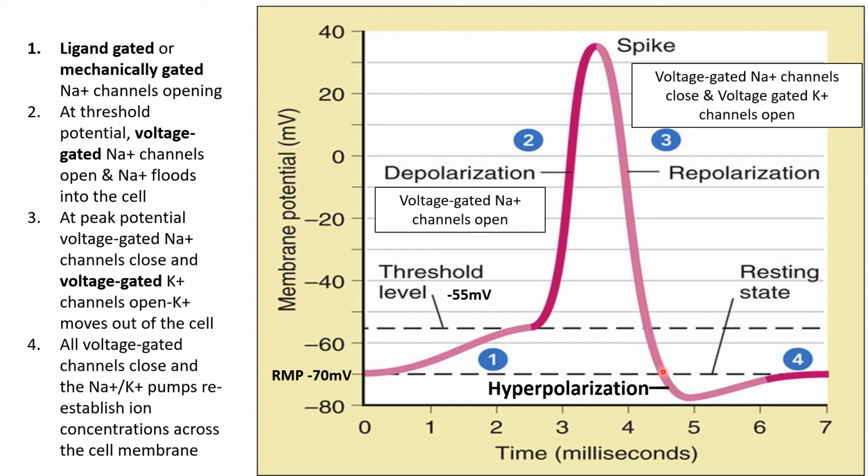To get the resting membrane potential established again, to get back up to negative 70 millivolts, we have to get those ion concentrations back to where they should be. During this hyperpolarization phase, and back up to negative 70 millivolts, it's the sodium potassium pumps that are working to pump the sodium back out and the potassium back into the inside of the neuron so that we can get back to resting membrane potential.